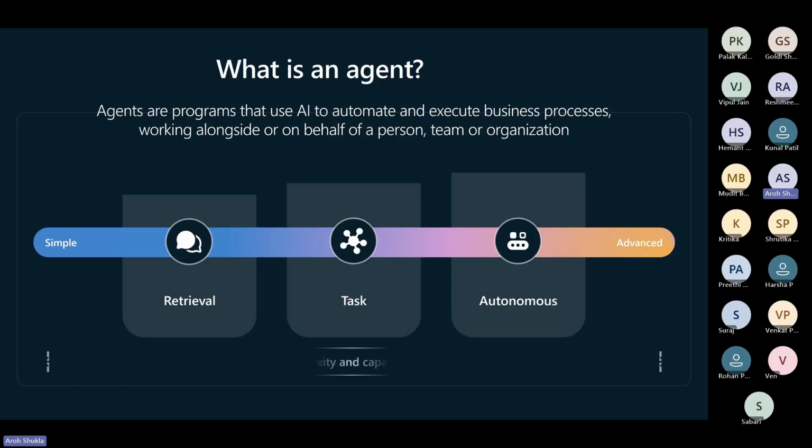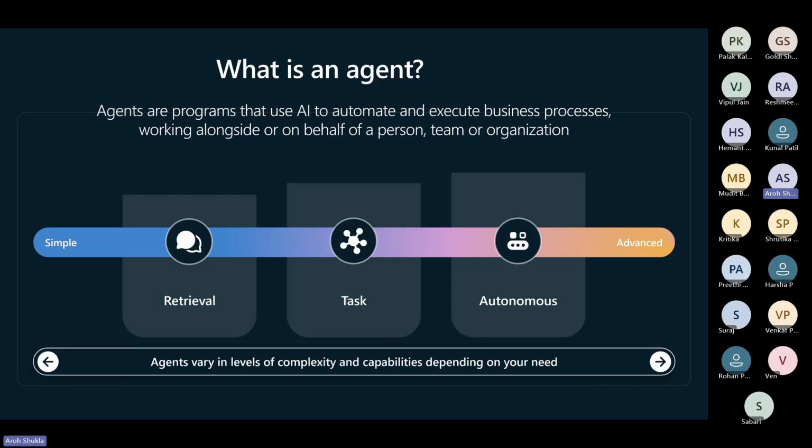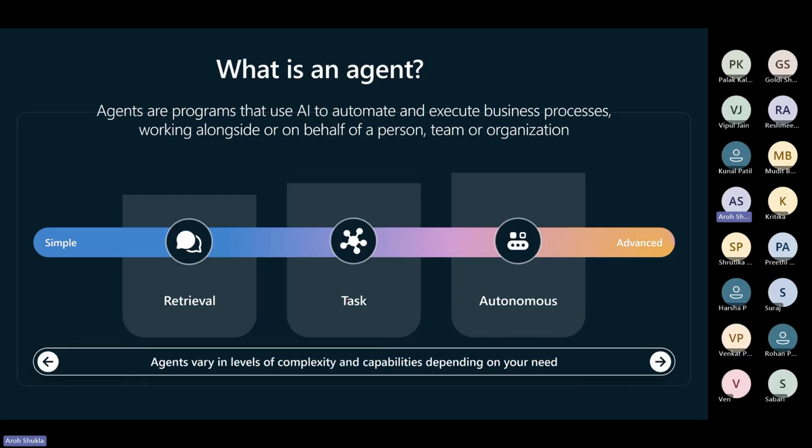Now, I want to give a very simplistic way. I think a lot of people have seen this slide, but I'm giving you a very generic, not very technical, high-level view. So, what is an agent? You can think about anything.